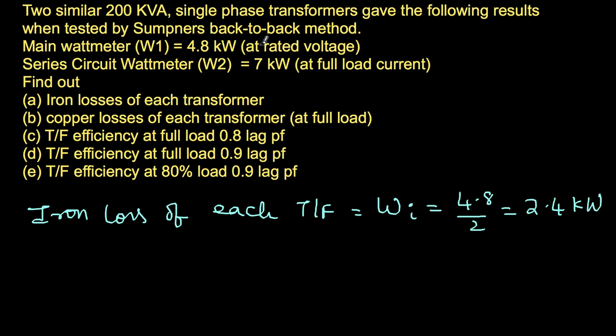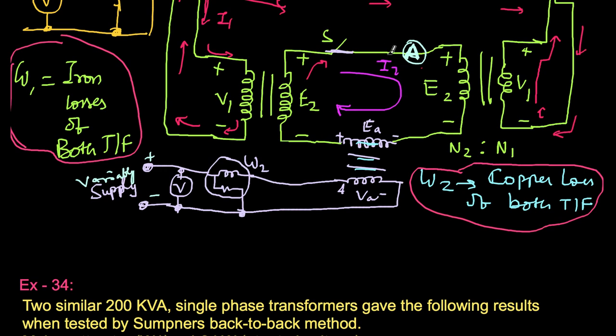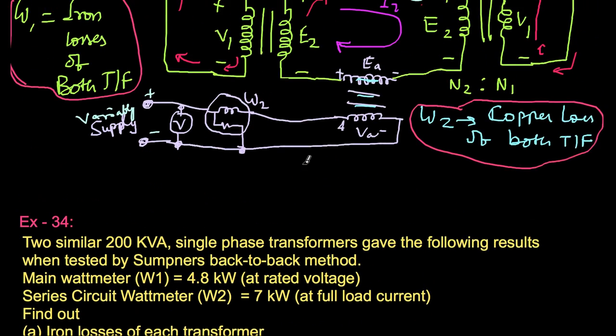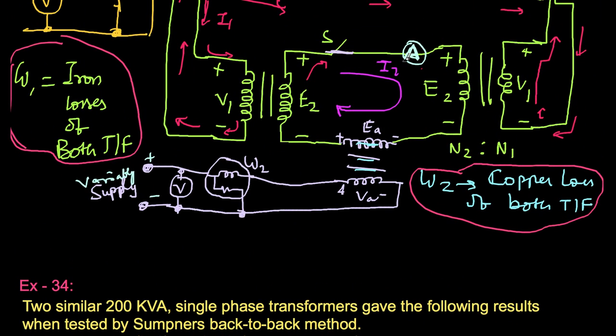Next, at rated voltage, of course that is important, we need to check that. Then the series circuit wattmeter W2. So this is the series circuit, and the wattmeter pertaining to that is W2, and this W2 is reading 7 kilowatts at full load current. So full load current is flowing in both the transformers.